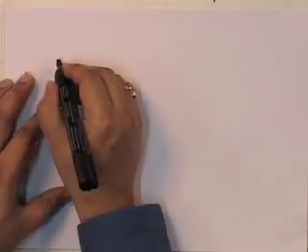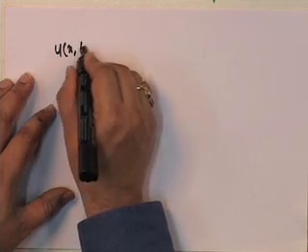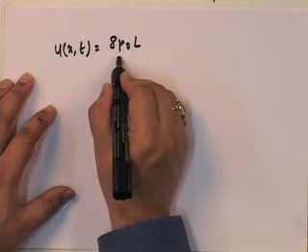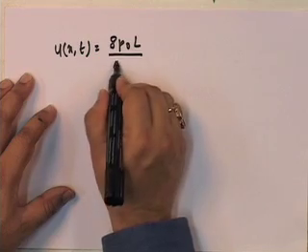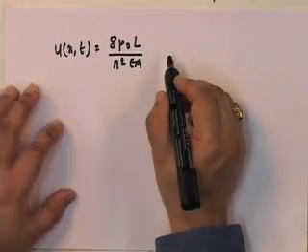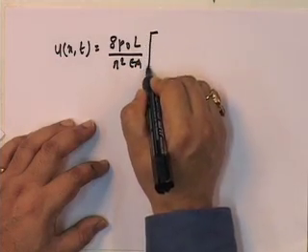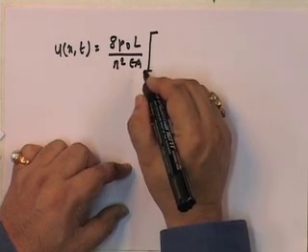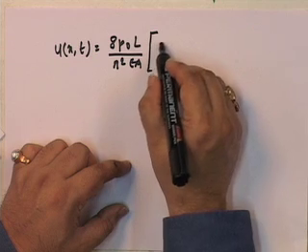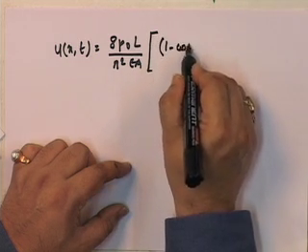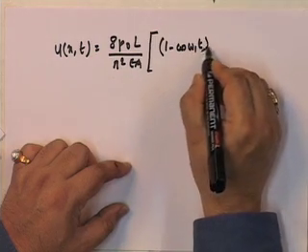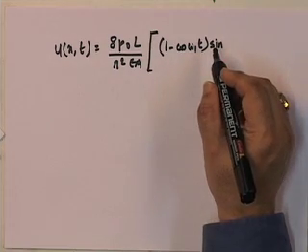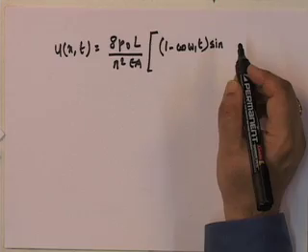u x of t is equal to 8 P naught L upon pi squared EA into, now let us see, in the first term it becomes 1 minus cosine omega 1 t into sine, this is a downward force.